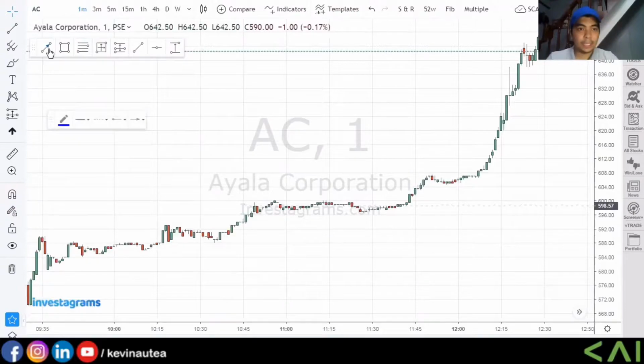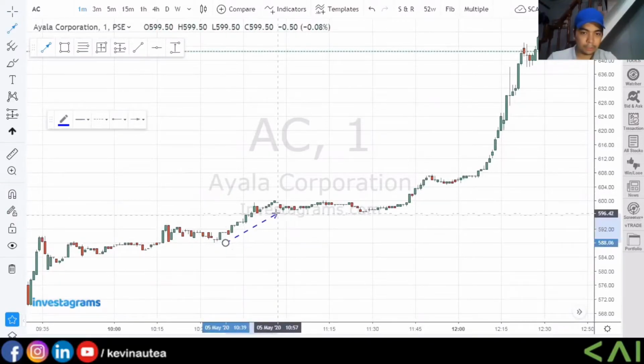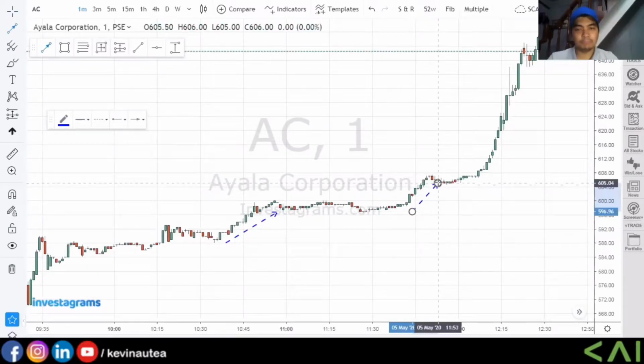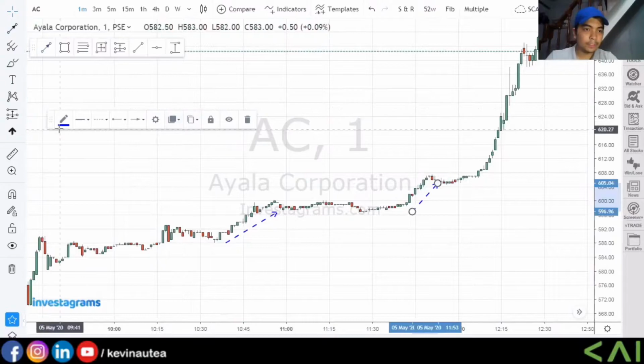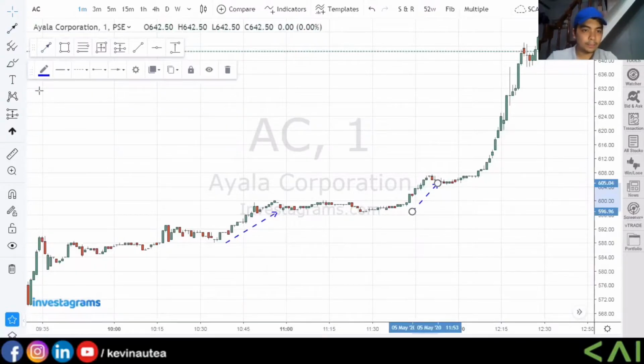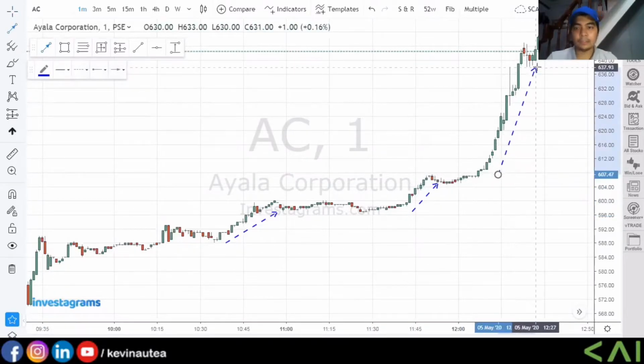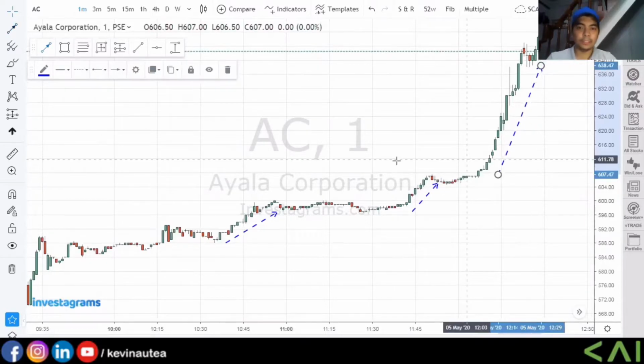So what a scalper can do is maybe buy at breakouts, like for this one, and sell at this point. Then buy at breakouts again, sell at some pullback points. And then right at this point again, buy at breakout or sell at this point.